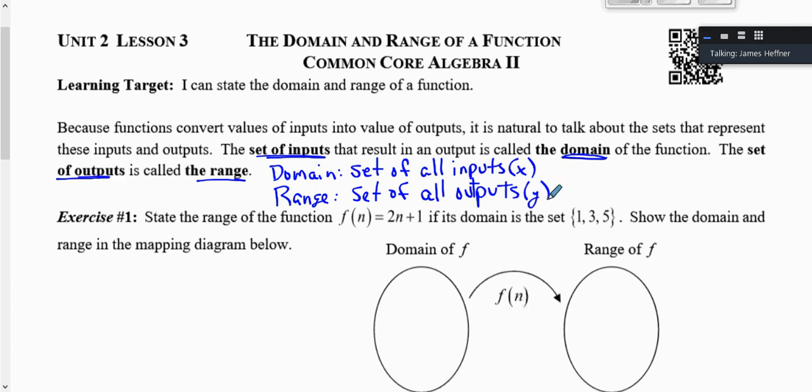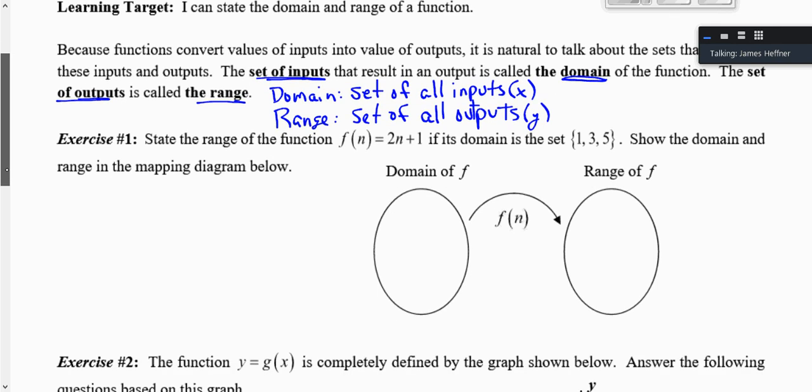And you need to be able to keep track of which is which, domain and range. So domain is X, and range is Y. And we're going to give you some notation you might not have seen before, or not too often, but we'll get to that in a minute.